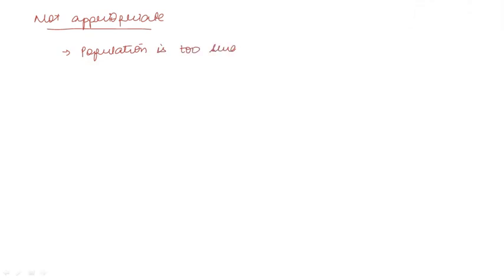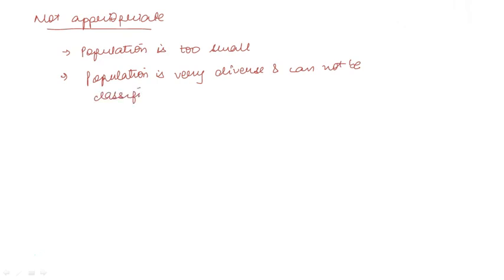Just reverse the appropriate situations and they become not appropriate. When the population is very diverse and cannot be classified, because if it cannot be classified, you cannot take samples.